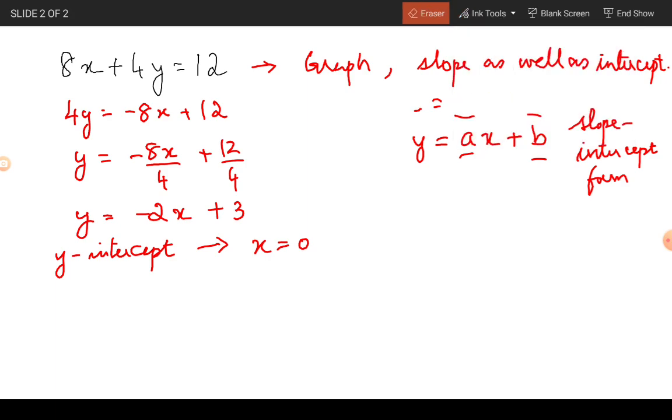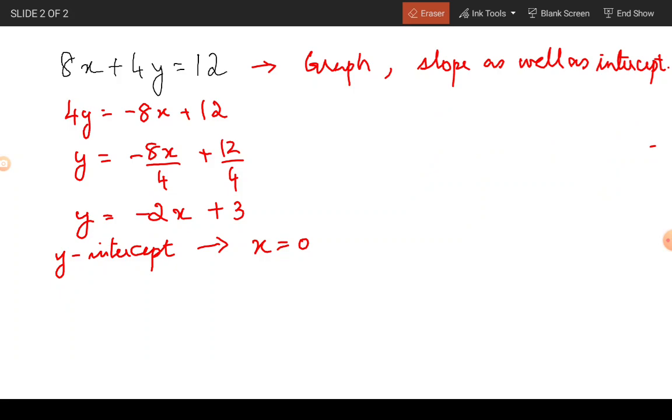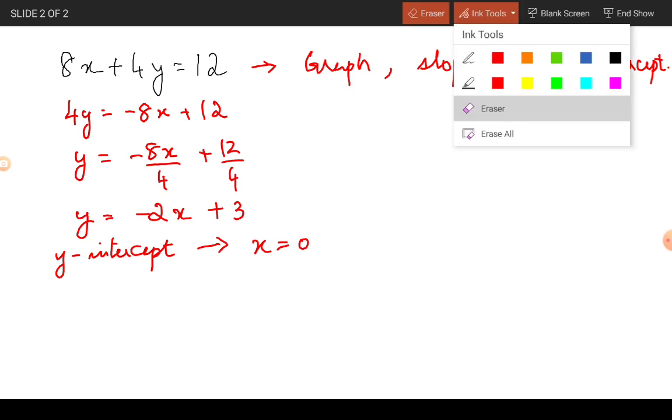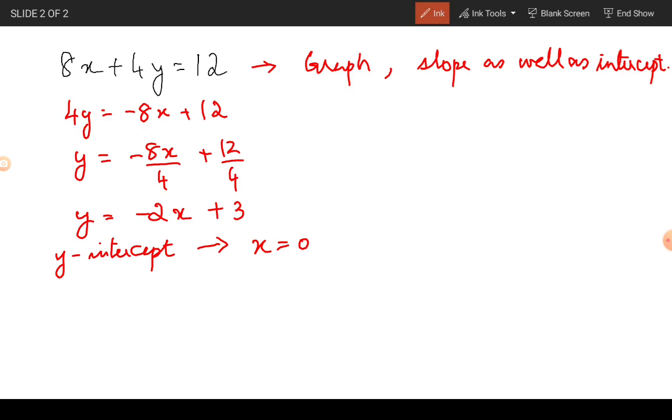I'll just clear this to create some space, and let me plot the function. To do that, first I need to find two coordinates, so drawing the table, x, y.